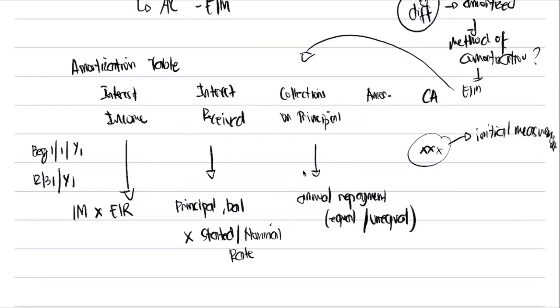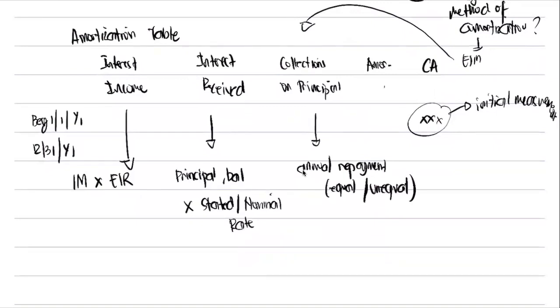And then your amortization is equal to interest income less interest received less collections.